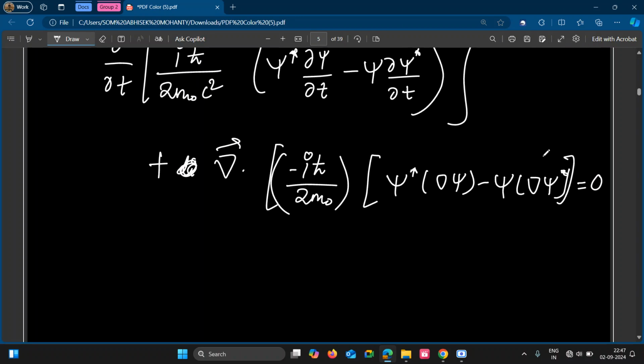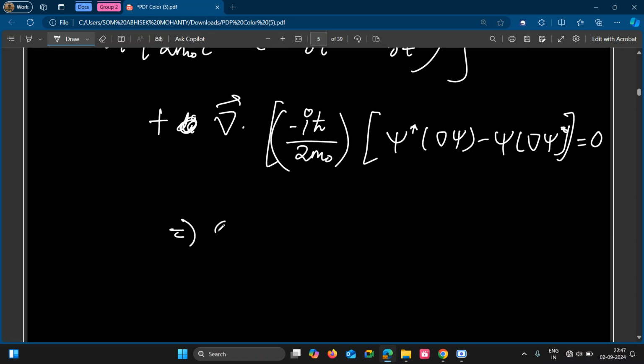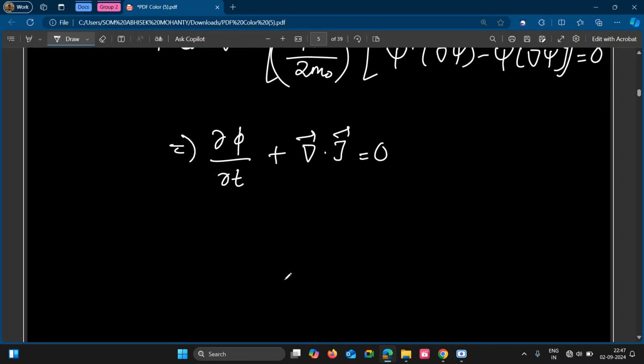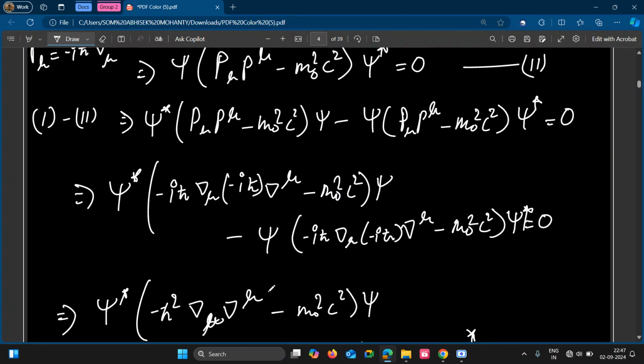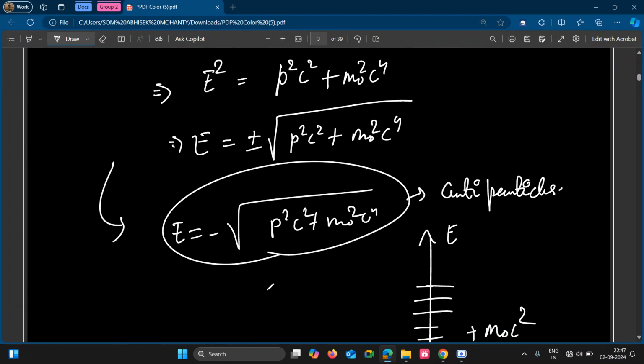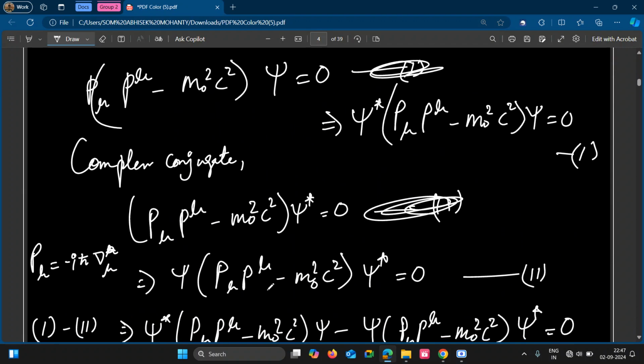Okay. So from here we can write what? Del rho by del t plus del dot j is 0, we know it, right? We just put that. So this is your kind of current density amount. Just go through it once and then only we'll move forward. Do it once yourself also.